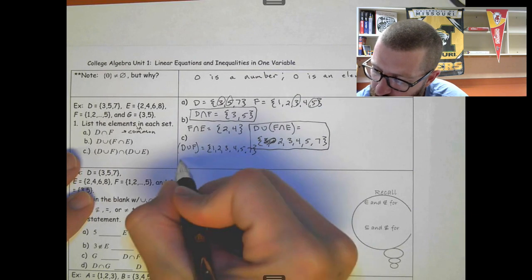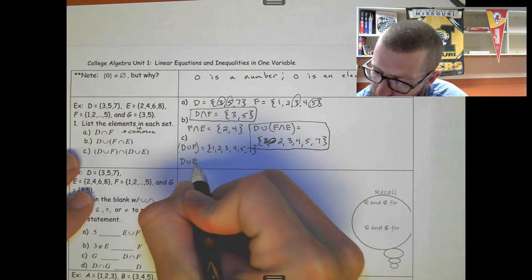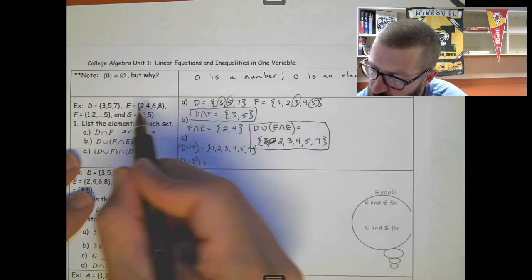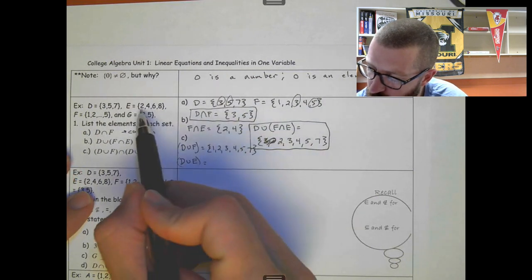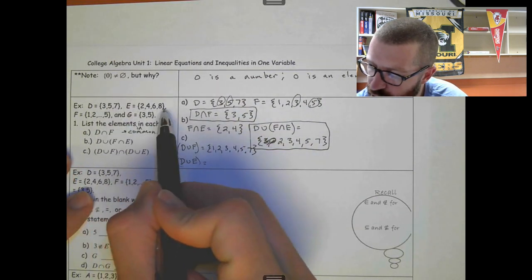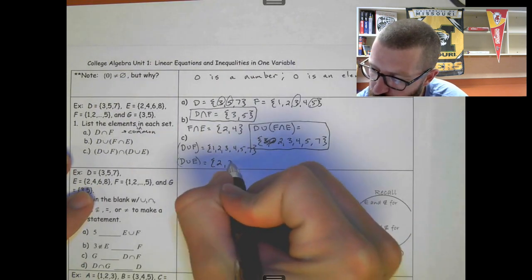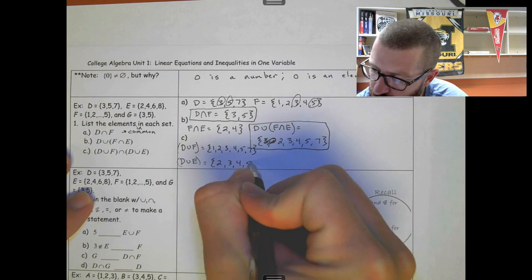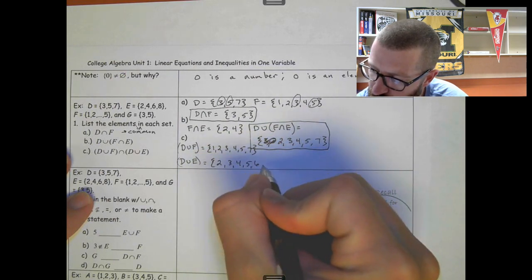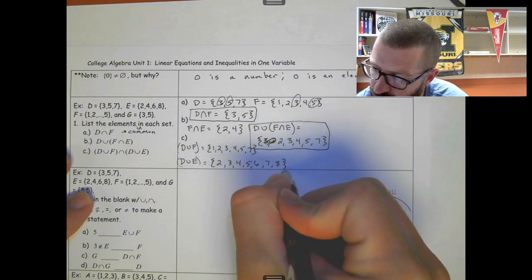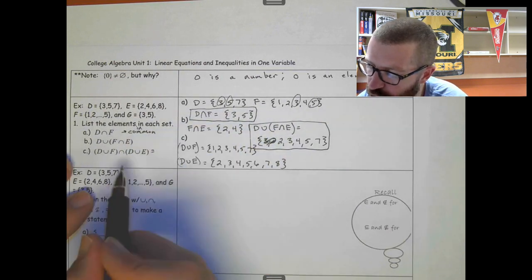And then D union E would be 2, 4, 6, 8, and then 3, 5, 7. So 2, 3, 4, 5, 6, 7, and 8.